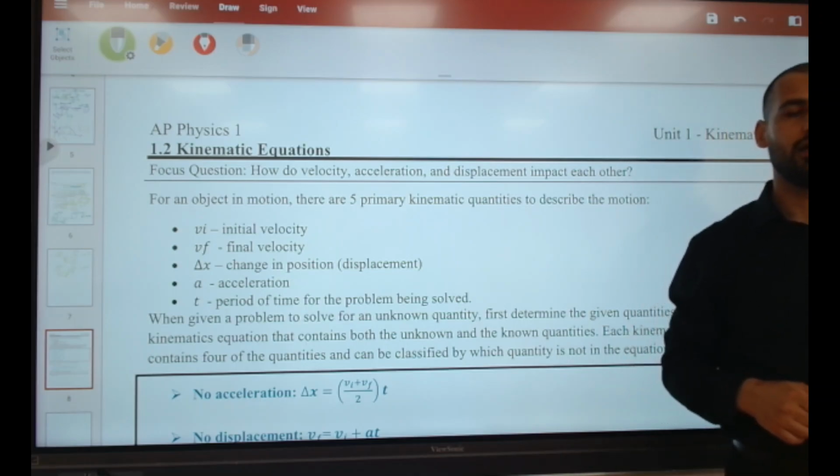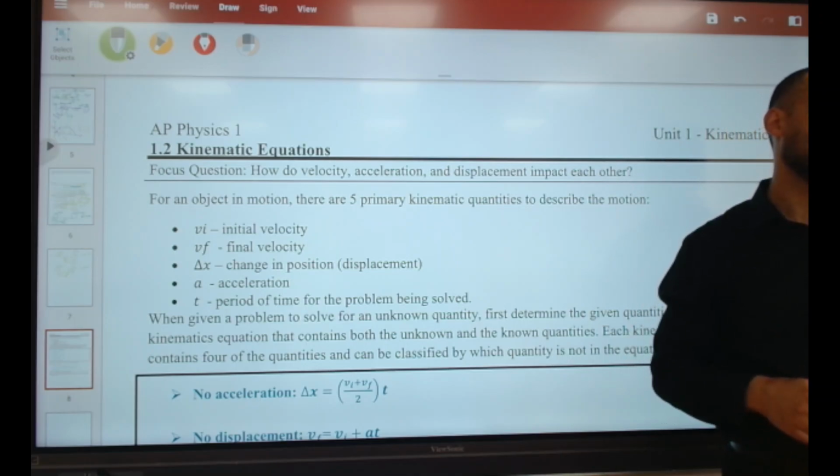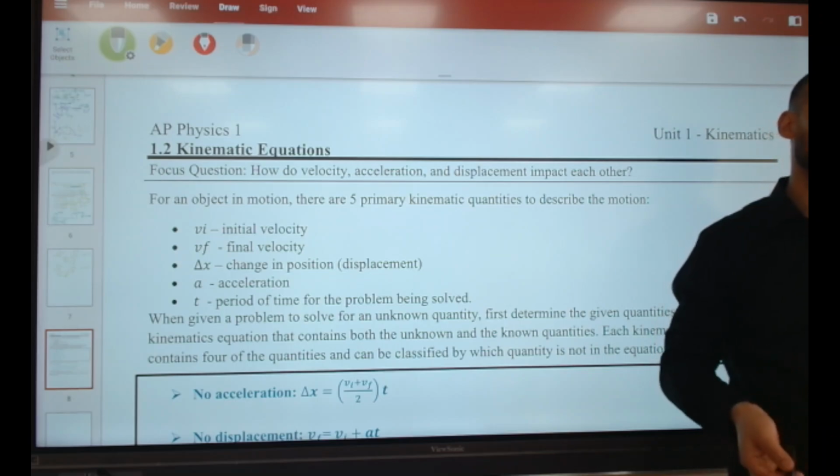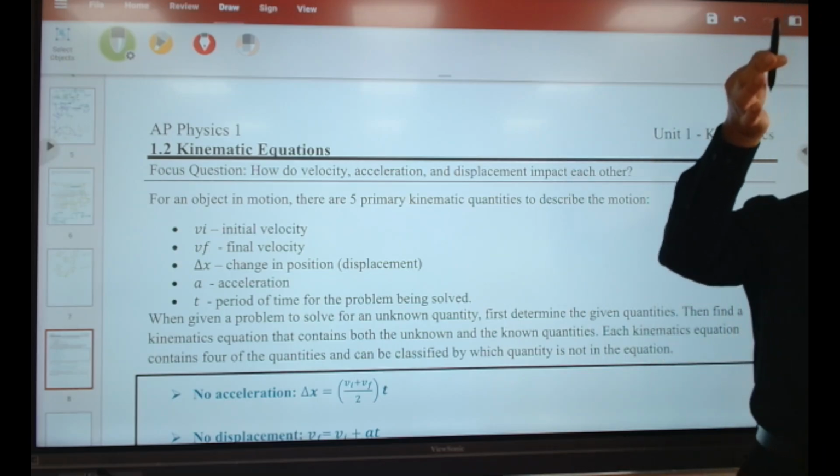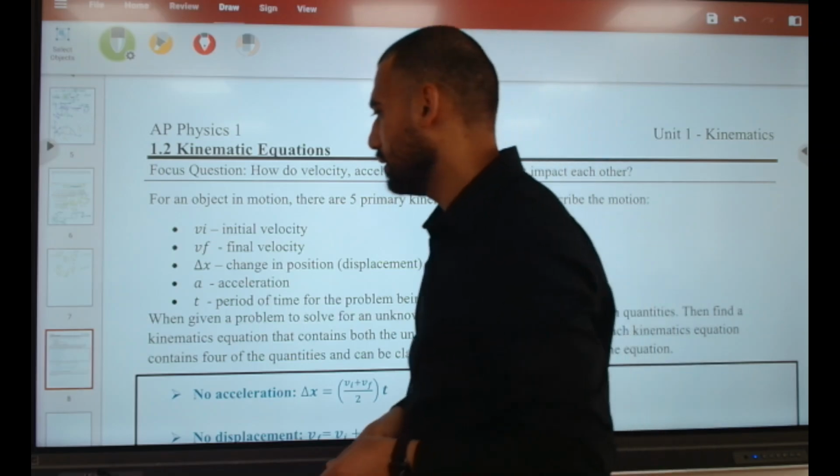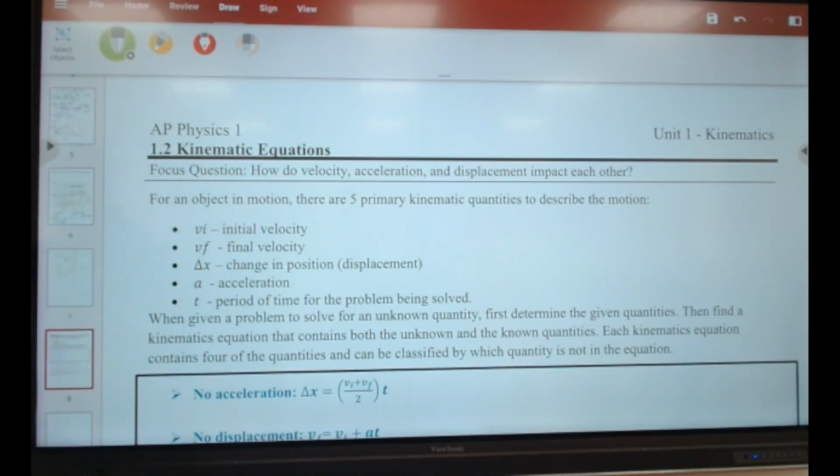Is that fine? Example, motion under gravity. Clear? Motion under gravity. Okay.